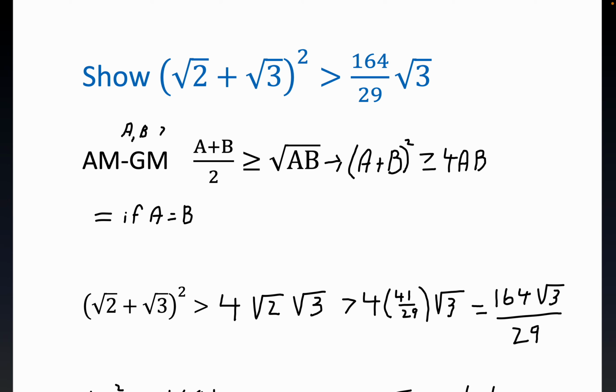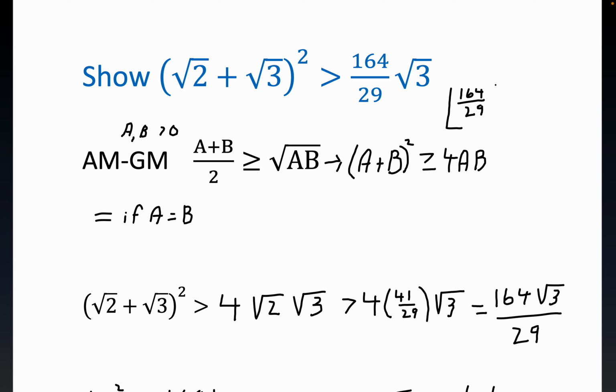All right. And also, just at the beginning, I probably should have said something like this. The floor of 164 over 29, the floor, the greatest integer function, that is equal to 5.